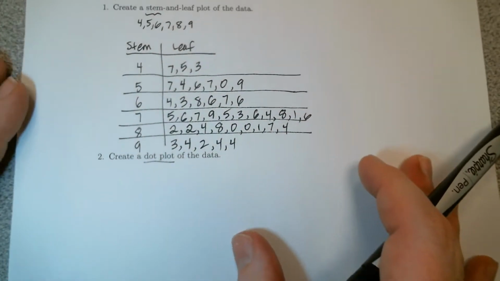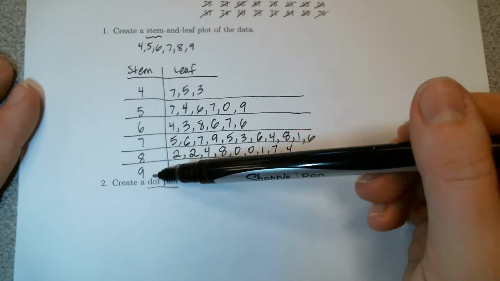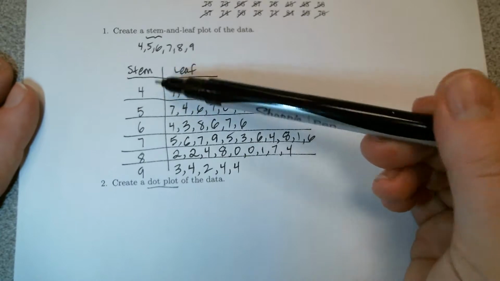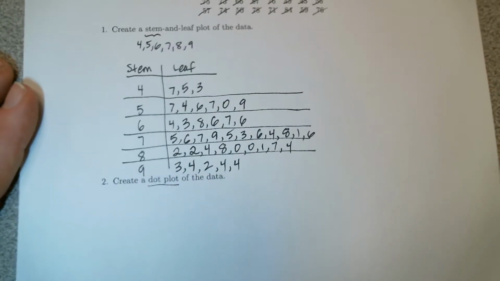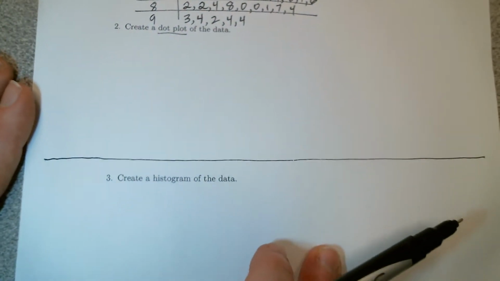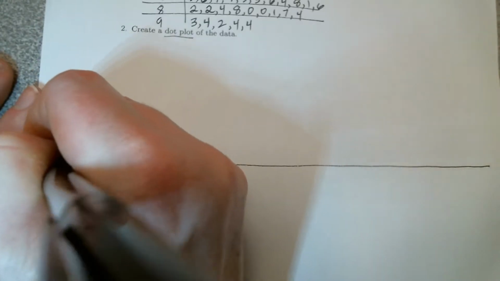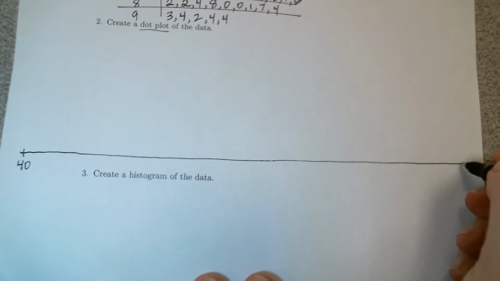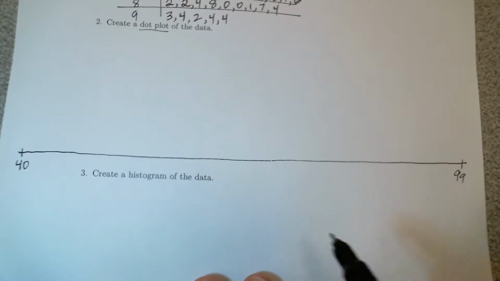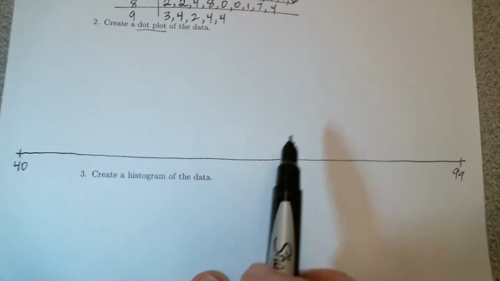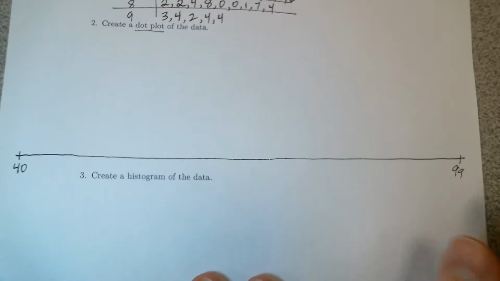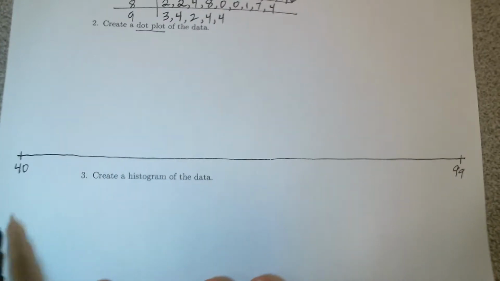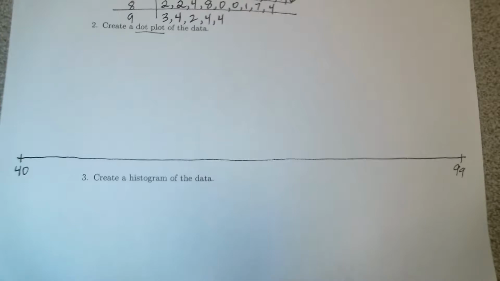So I can see that my data values are concentrated between the 40s and the 90s. So I'll probably make the smallest tick on here a 40 and the largest a 99. And then I will just fill in according to scale, tick marks along here for the different data values.